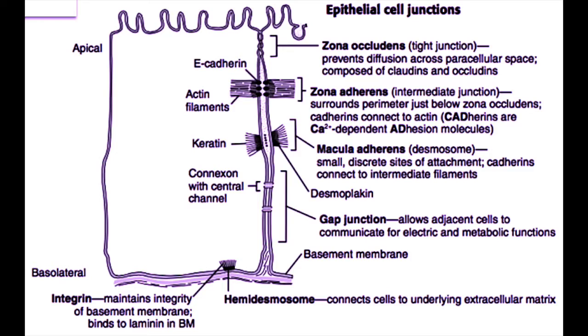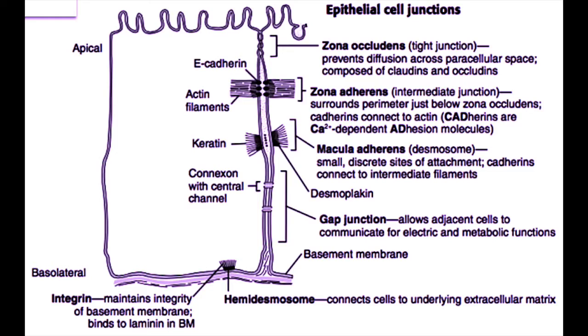Now, the way that the epithelial cells get anchored to this basement membrane is through something called hemidesmosomes. Hemidesmosomes connect cells to the underlying extracellular matrix. And if you have autoantibodies against the hemidesmosomes, you actually develop a different type of pemphigoid called bullous pemphigoid. And again, we will talk about bullous pemphigoid in more detail in a later lecture.